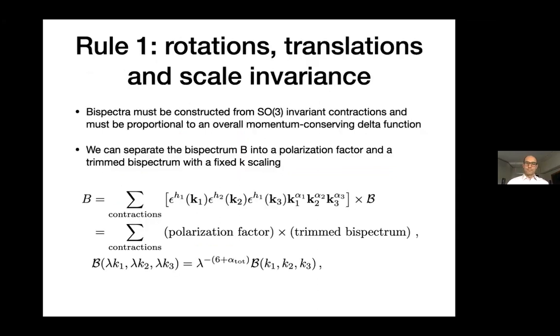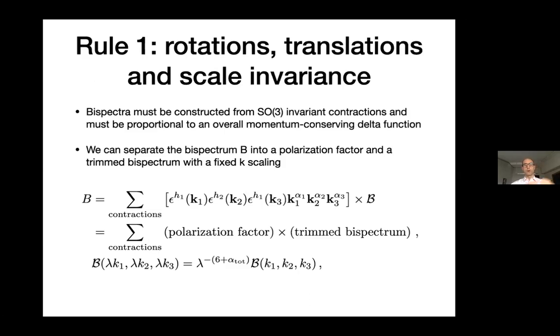So let's get going. The first one is trivial, just translations, rotation, and scale invariance, which I will assume to be exact. And so that tells me that I can always write down the bispectrum for fields of any spin, massless, as the product of something that depends on the polarization, which must be contracted in a rotation invariant way with momenta, times whatever is left, which must be only a function of k1, k2, k3, the norm of the 3 momenta, which I'm going to call the trimmed bispectrum.